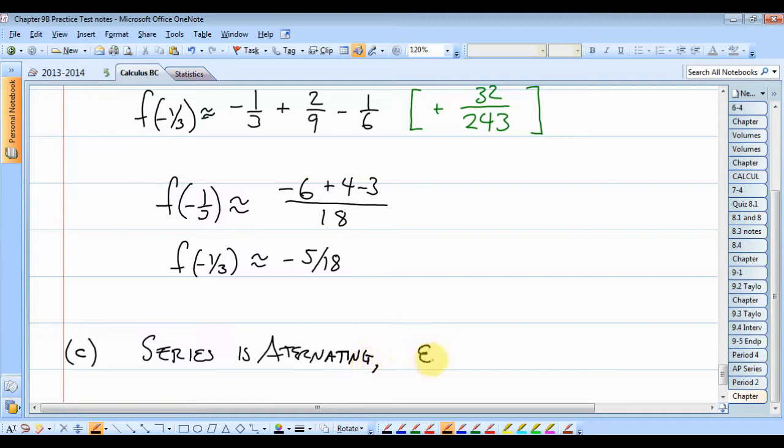So the error is less than the 4th term. That's all you need to write.